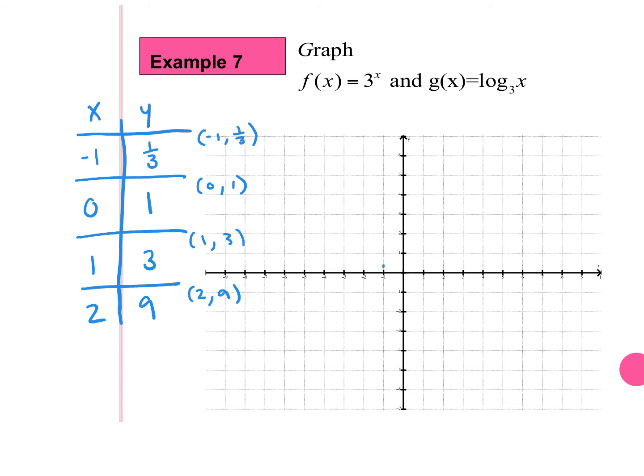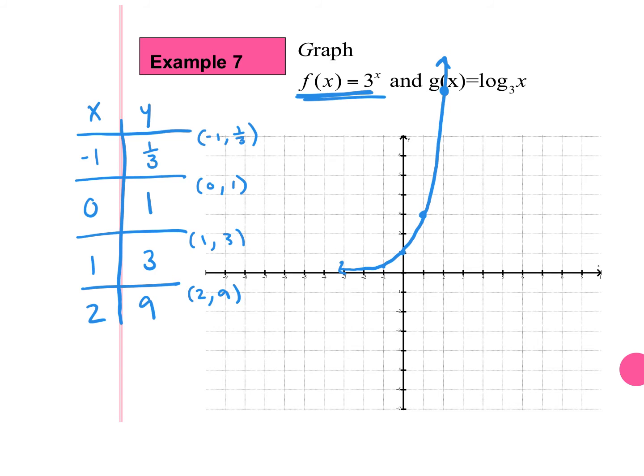So I'm going to have a point here, here, here, and here, off the graph, just for fun. So that is my graph of 3 to the power of x.